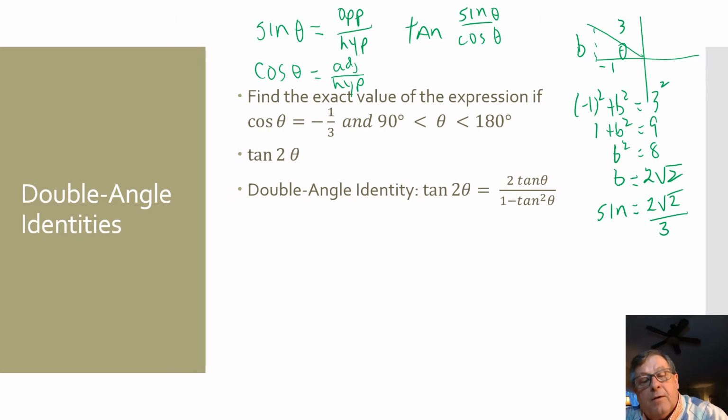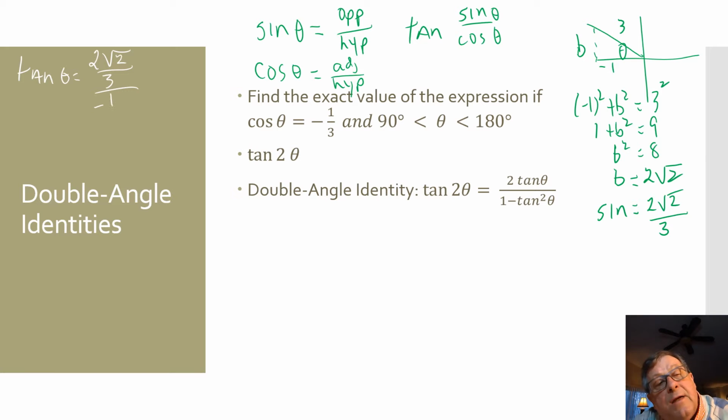Now, what about the tangent? The tangent is the sine over the cosine, and we have determined that the sine is 2 times the square root of 2 over 3, and the cosine is negative 1 over 3.